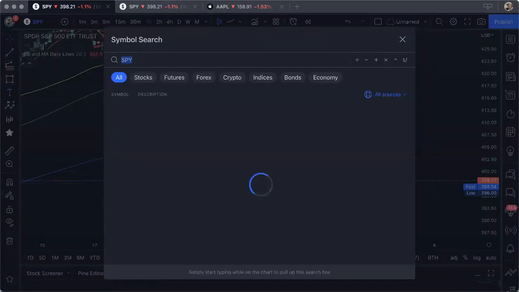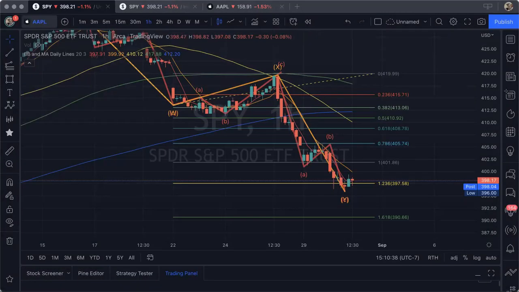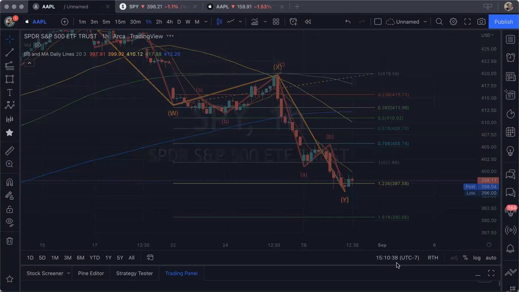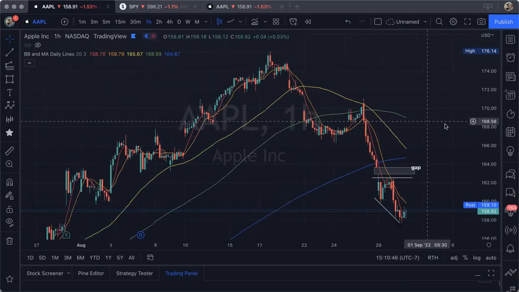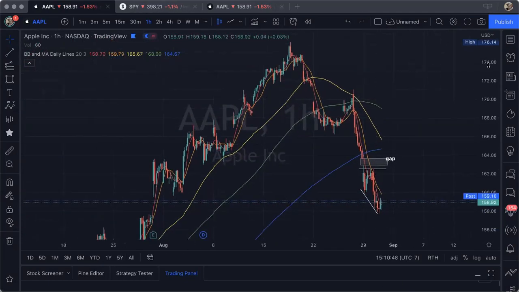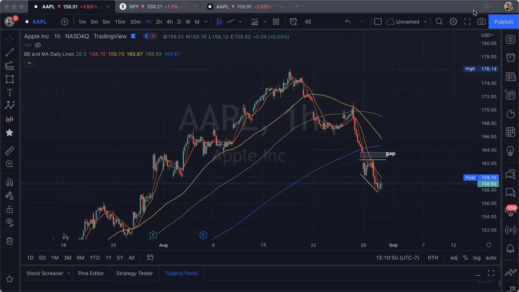Now there's Apple. Apple so far still looks pretty strong, but there's some things about it. You know, they do have an event coming up, right? Let me check that. The September 7th event.